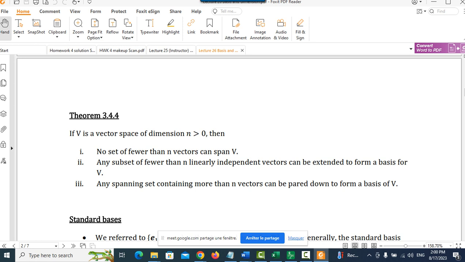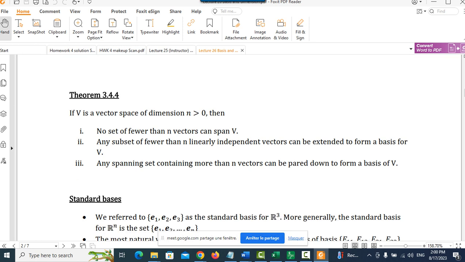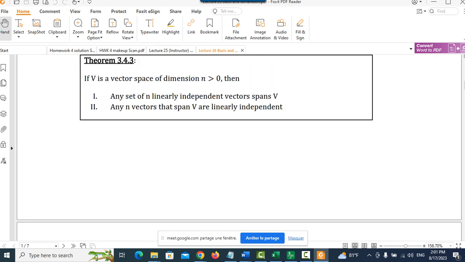That's the first thing. Second thing, any subset of fewer than n linearly independent vectors can be extended to form a basis. No, this is not the theorem that I wanted to read. The theorem that I wanted to read is above. Here, this one.